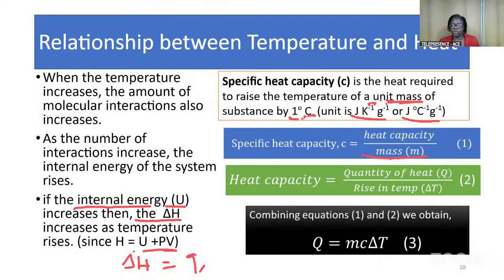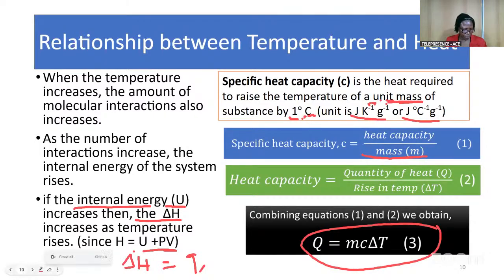Heat capacity itself is the quantity of heat divided by the rise in temperature, that is Q over delta T. So if you combine equations 1 and 2, you will obtain Q is equal to mc delta T. Q is heat, m is mass, c is specific heat capacity, and delta T is the change in temperature.